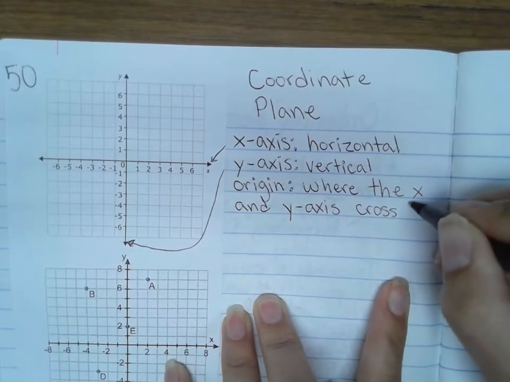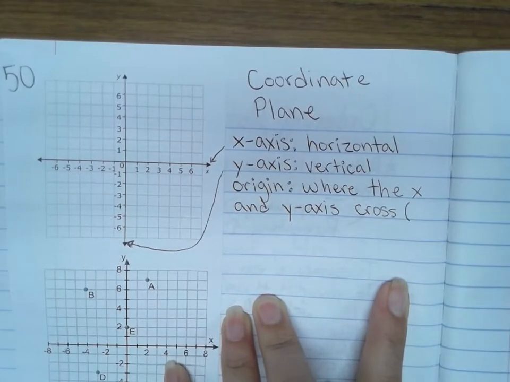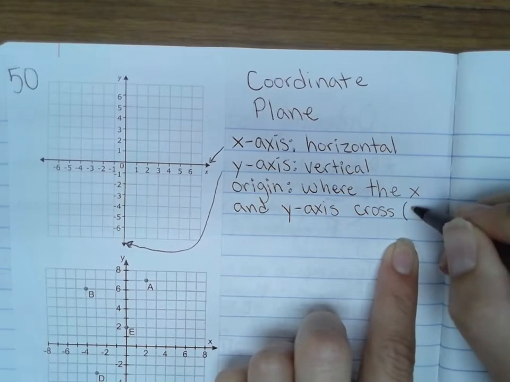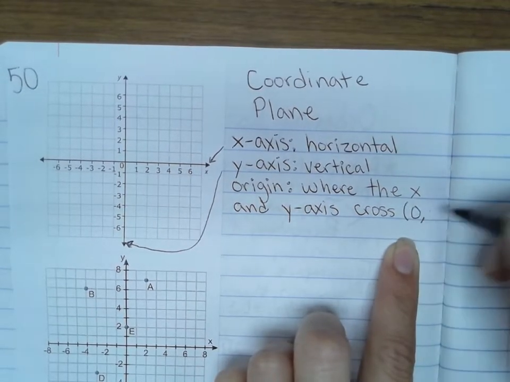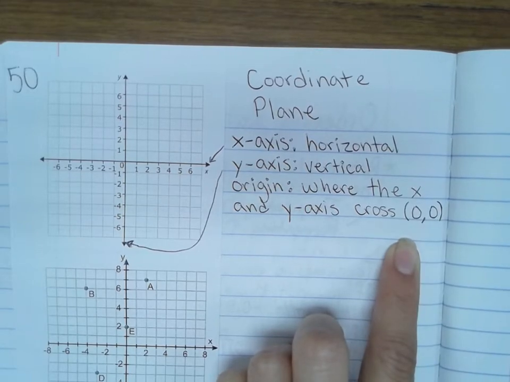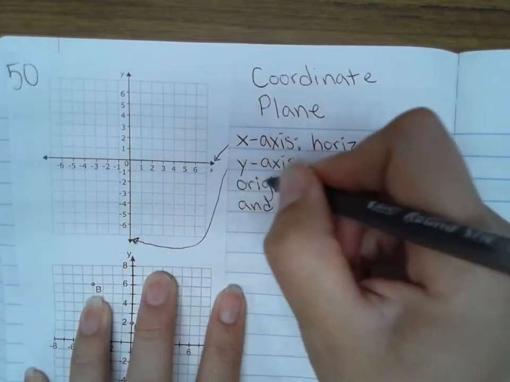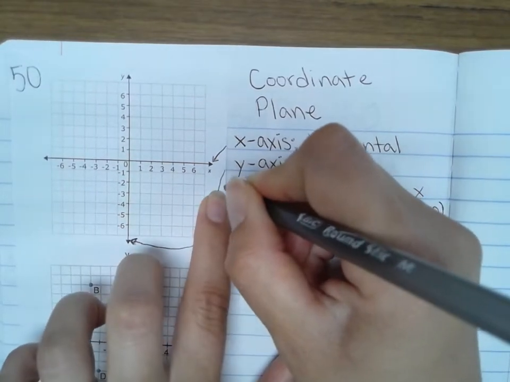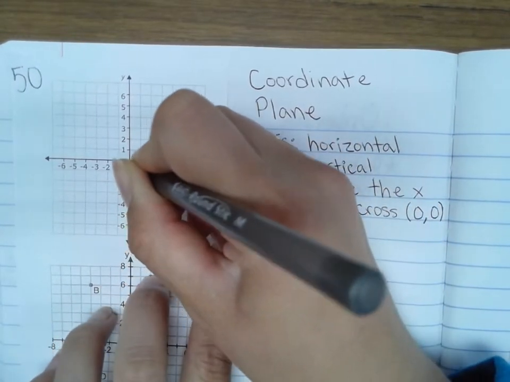Okay, in parentheses, I want you to write parenthesis, and then write a 0, comma, 0, and another parenthesis. Right, the origin is found right here.